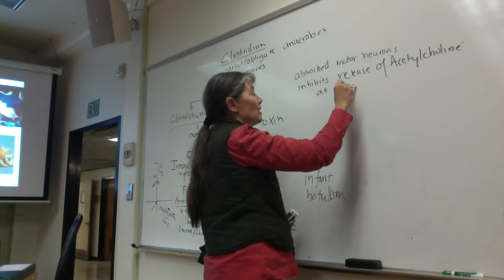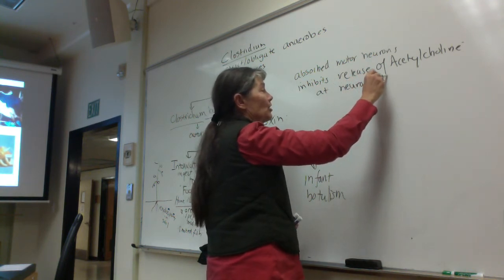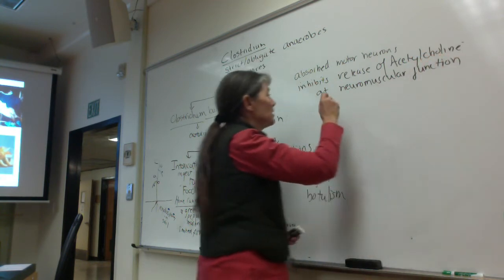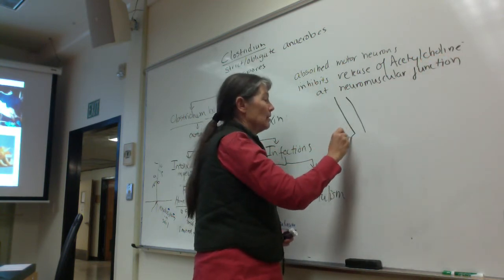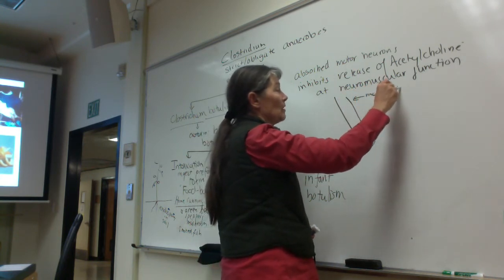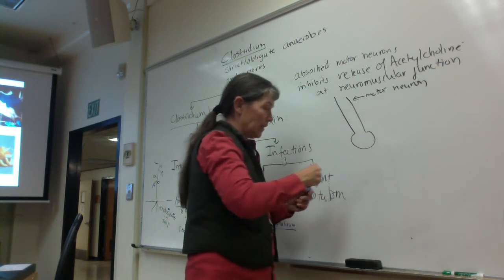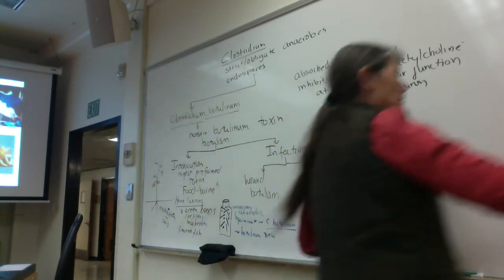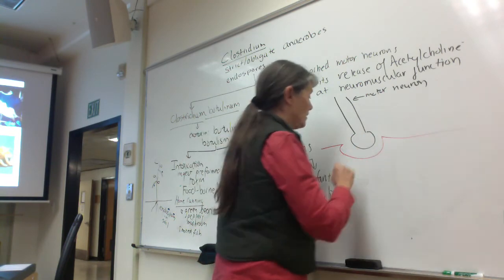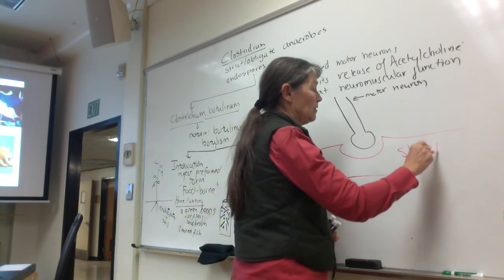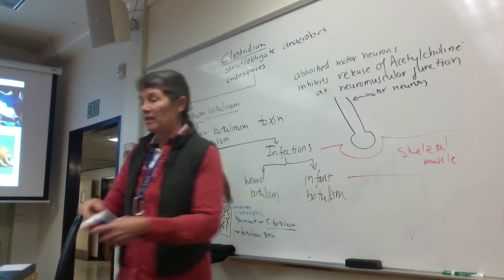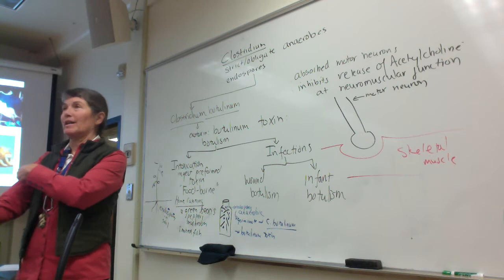That's described, you guys, as a neuromuscular junction. I'll do a horrible cartoon here, folks, but let's pretend this is the motor neuron. This is the end of the motor neuron, and it's innervating one of our skeletal muscles.